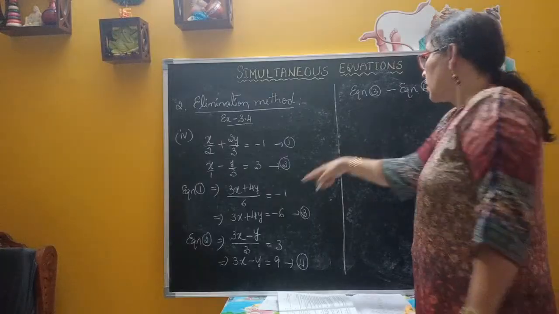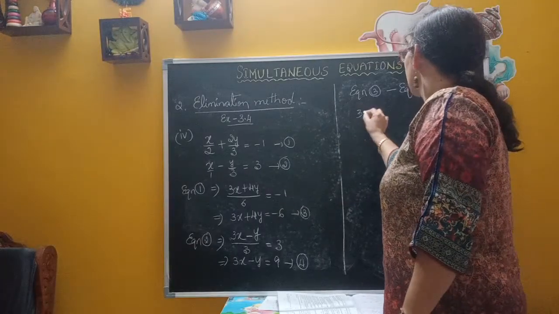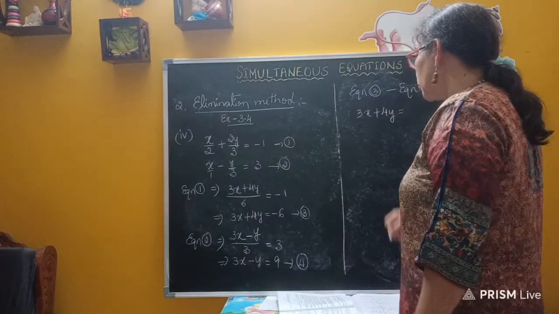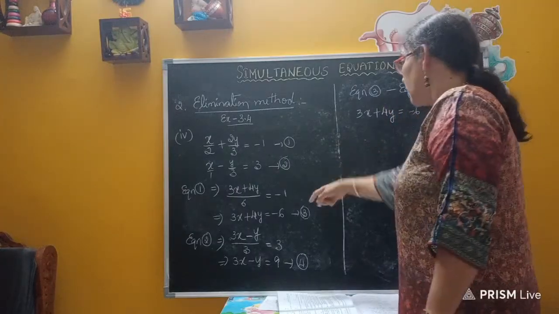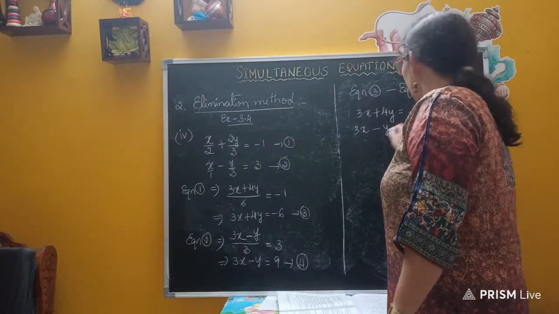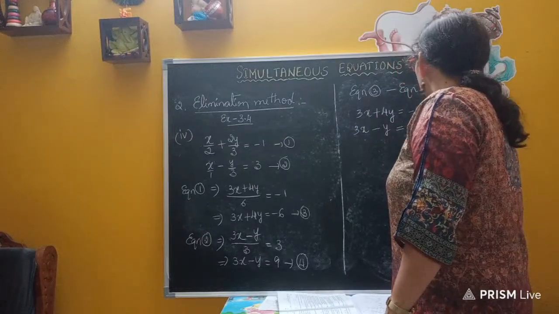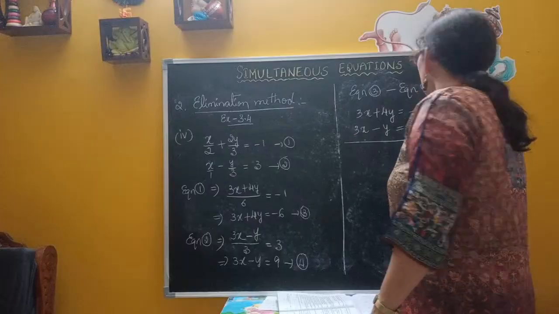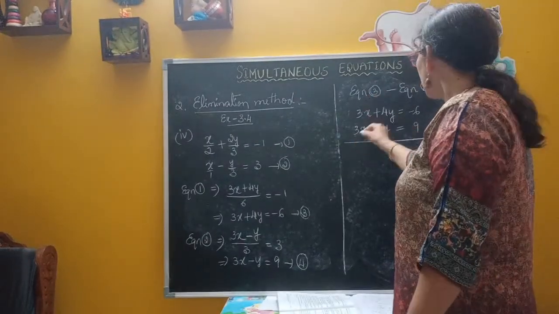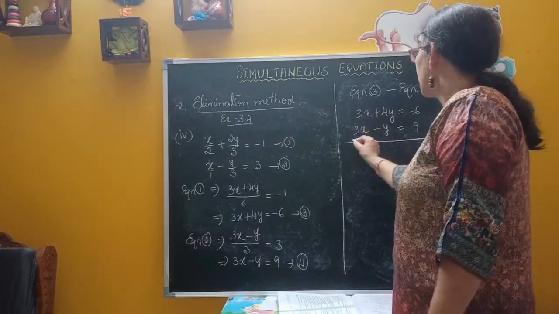I take 3x plus 4y is equal to minus 6, and the other one 3x minus y is equal to 9. So in subtraction what should be done? We have to change the sign of the second equation which is to be subtracted.